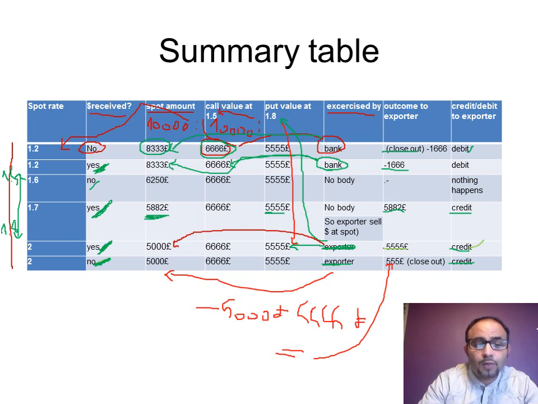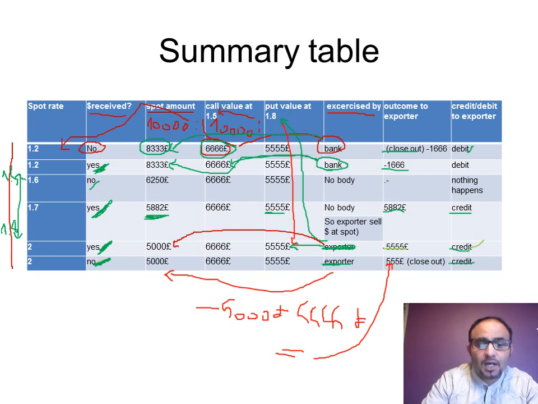Now, if the rate is 1.7, and here it doesn't matter whether 1.7 or 1.6, it's just another change of spot rate really. But the main important thing here is we have received the money. Once again, we are in between the two, so nobody will want to exercise their option, okay?